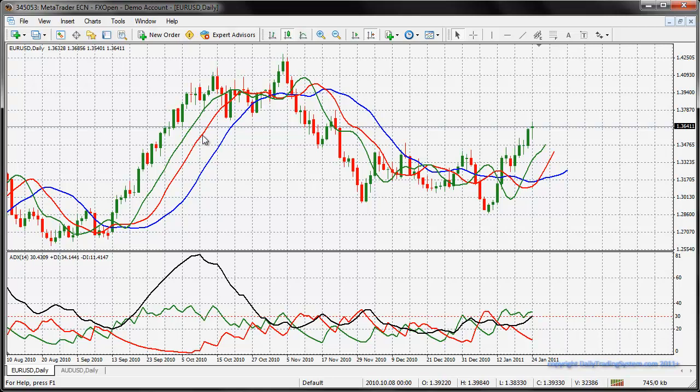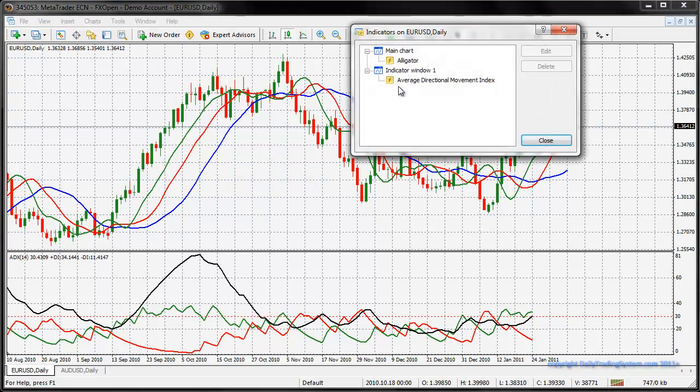Now with this indicator here, you might be familiar with it. It's the Alligator. To be honest, you could actually use this Alligator in replacement of the moving averages, or vice versa. You could place some moving averages on there, because essentially that's what these are.